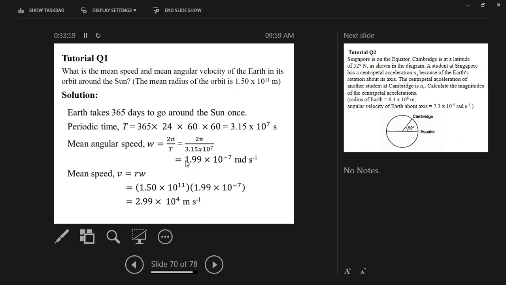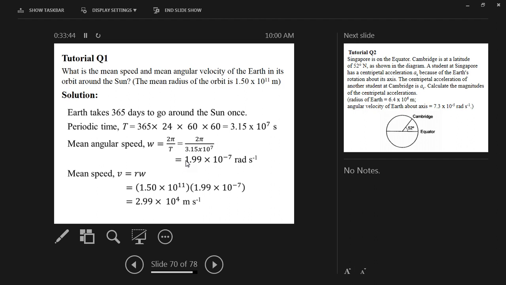Okay, so you sub in the value for the radius of the orbit, which is given, and the answer above for omega. So that is your mean speed, 2.99 times 10 to the power 4. Okay, so like what I said, this is just a warm-up exercise, similar to the lecture work example.